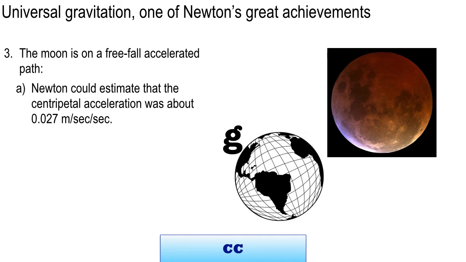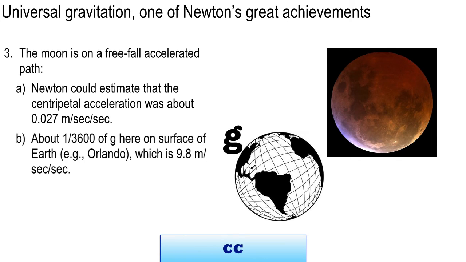And so he was able to estimate the acceleration: 0.027 meters per second per second. Now, compared to the gravitational acceleration at the surface of Earth, g, which is 9.8 meters per second squared, this was about 1/3600th of Earth's surface gravity.